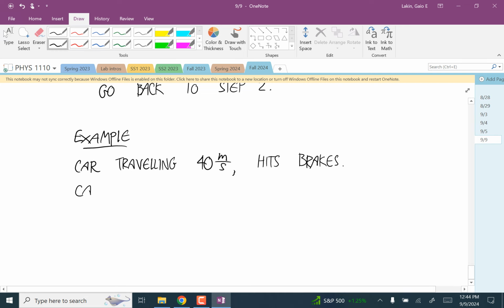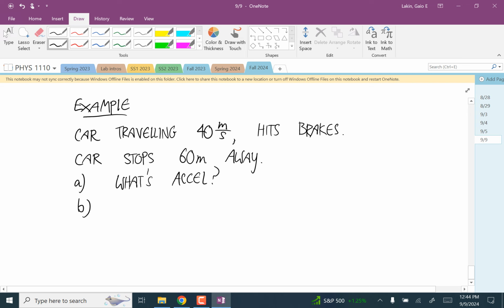And then the car slows down until it stops 60 meters away. First, we want to know what's the acceleration. And then second, how long in time does it take for the car to stop?